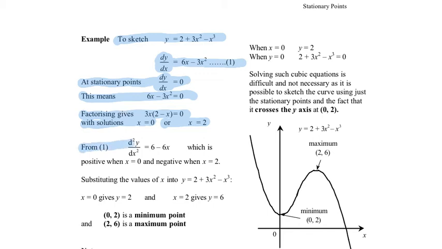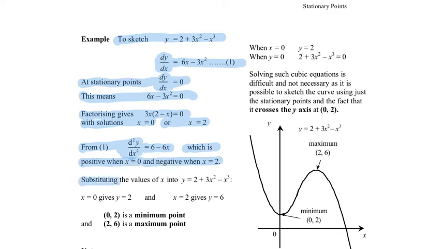Now find the second derivative, which gives us 6 minus 6x. Substitute in x equals 0 and x equals 2 into our second derivative, which gives us a positive value when x equals 0 and a negative value when x is 2.